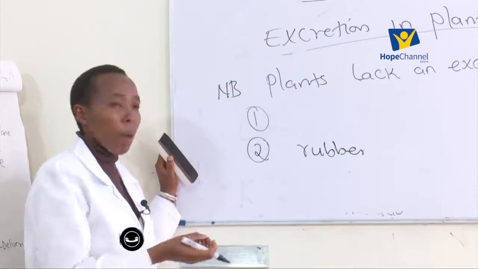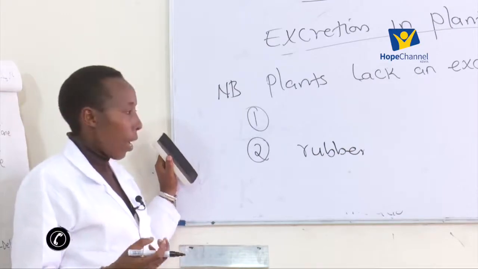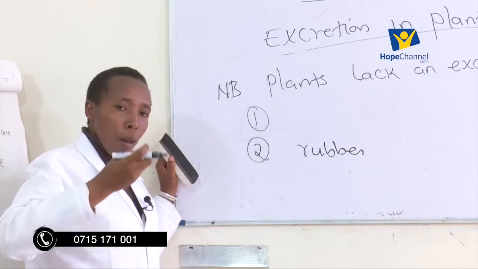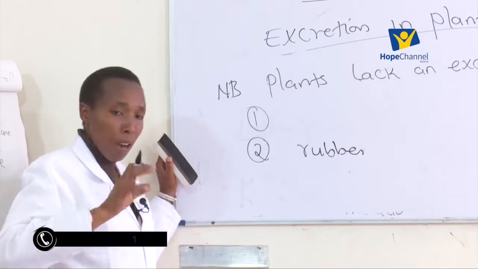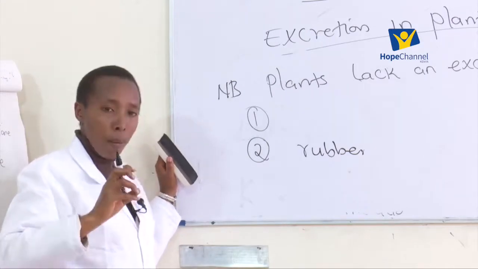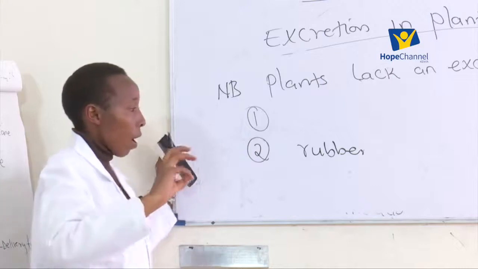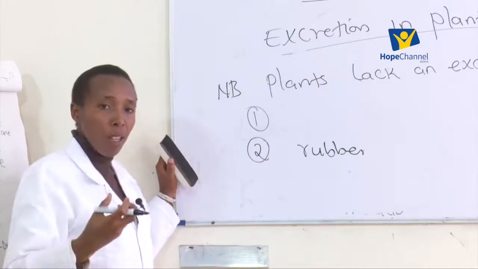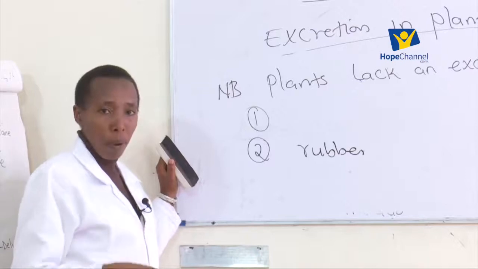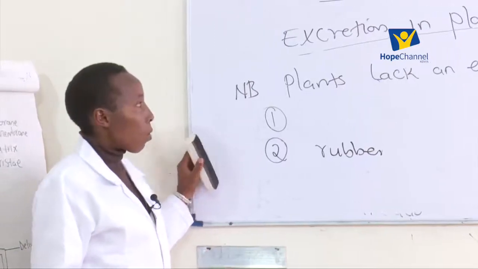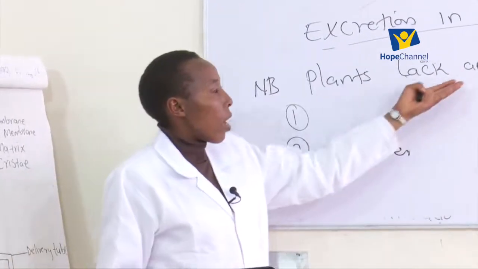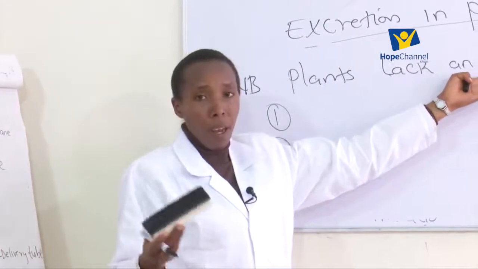Yes, it's a waste, but it is useful. The plant is able to convert some, I've not said all, but I've said some. So some of the waste products are converted into non-toxic forms and stored in the plant. And because of that, we don't need an excretory system in plants.